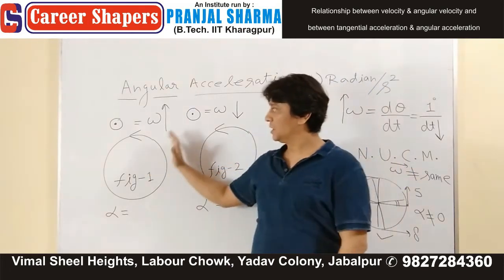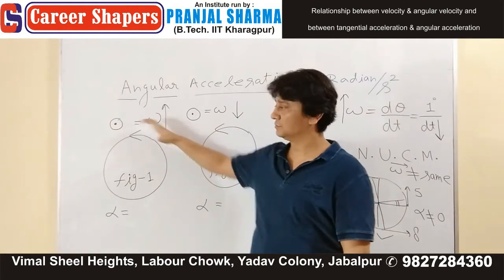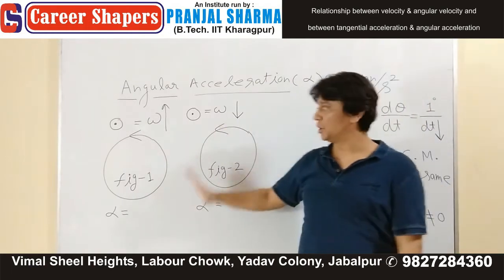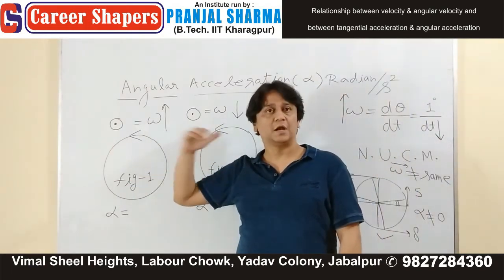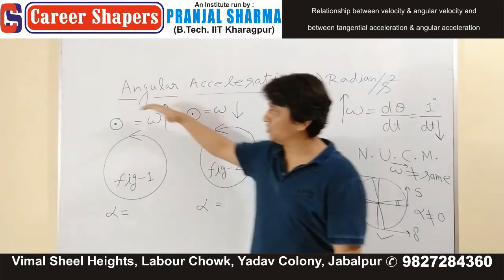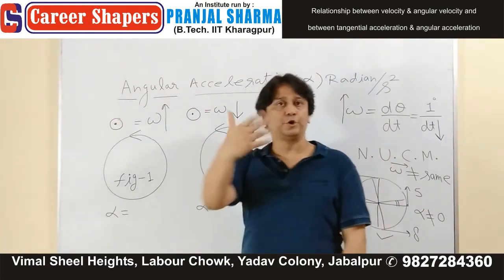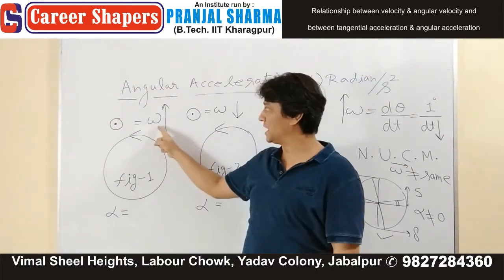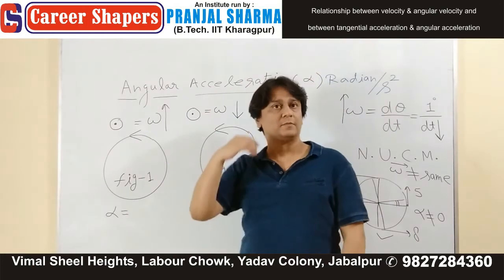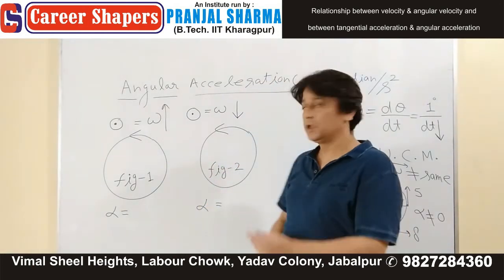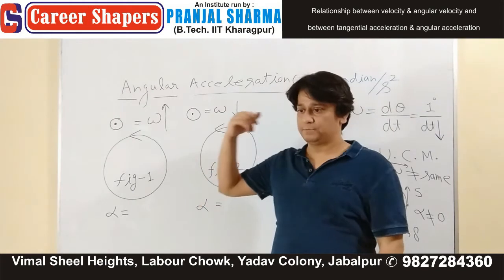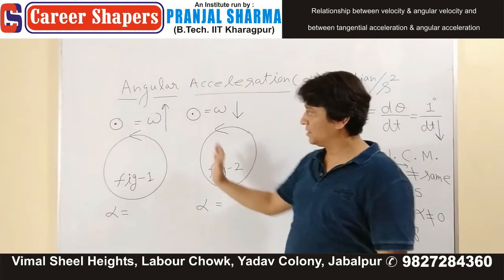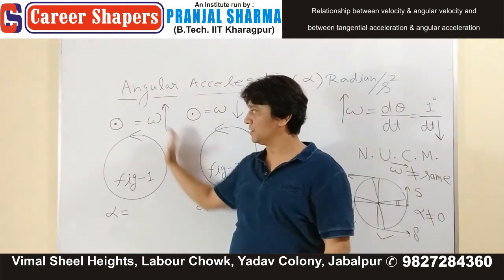Carefully. This is omega. And I told you that alpha, its direction is also along the axis. Now try to visualize this. Something is rotating this way. How should you accelerate it? This way or this way so that you can increase the magnitude? Again, I'm asking the same question. Just imagine you have a table fan and its blades are rotating this way.